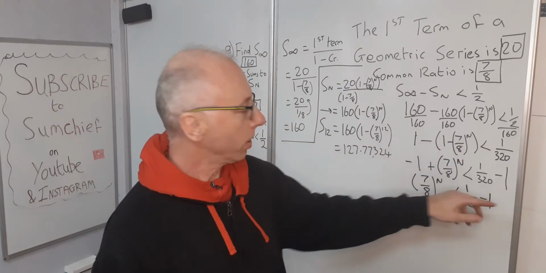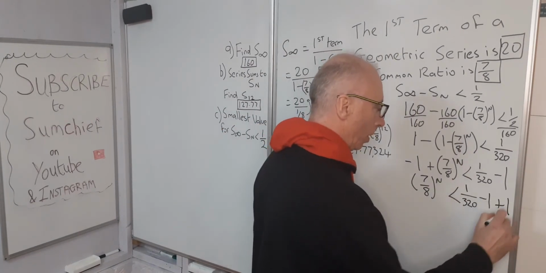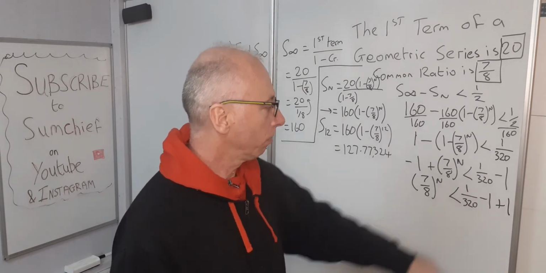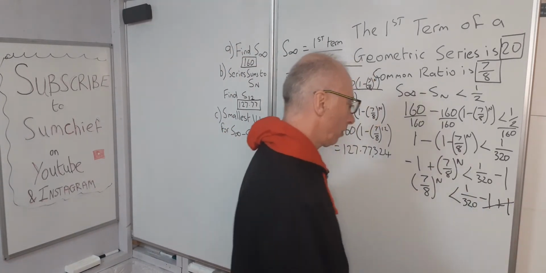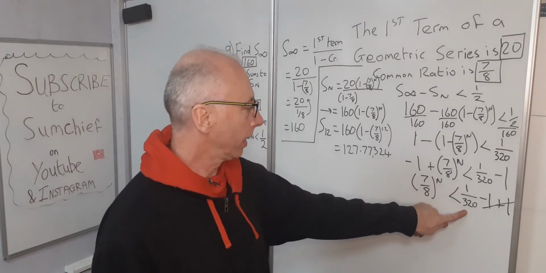Then, minus 1 plus 1, those terms cancel out. 7/8 to the n is less than 1 over 320.